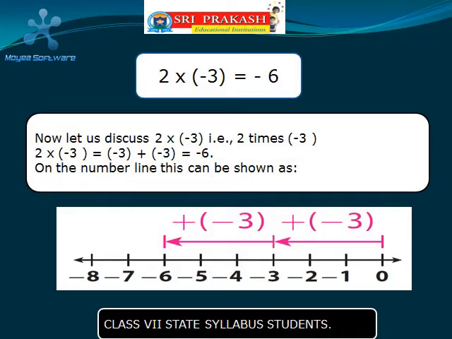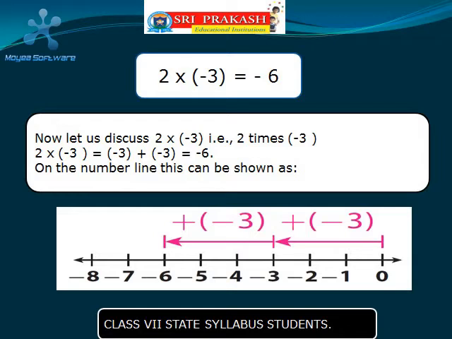Now, let us try to find the value of 2 into -3. So now, what is the meaning of 2 into -3? We have to take -3 2 times and we have to add.